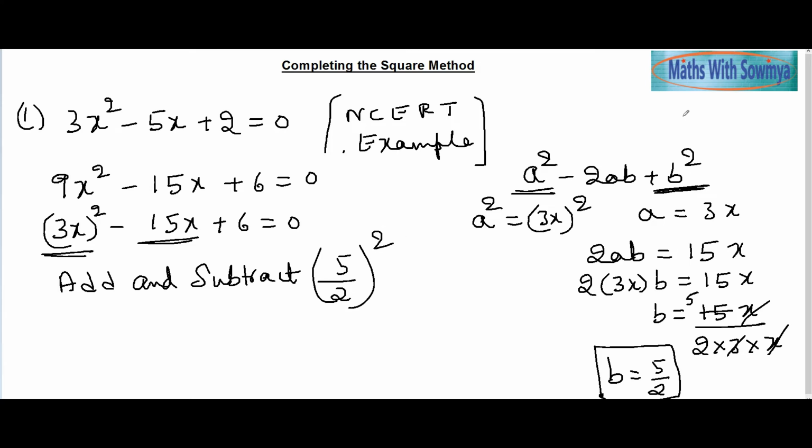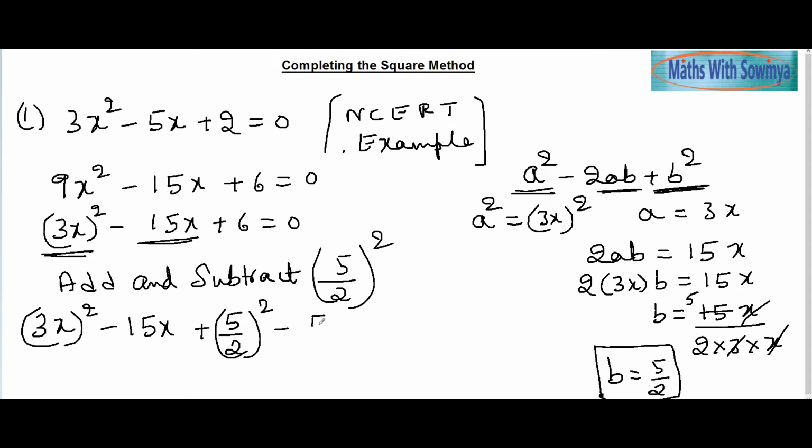So I am adding and subtracting b square. So what I will get? 3x whole square minus 15x, which is nothing but 2ab, plus 5 by 2 whole square, which is b square for me, minus 5 by 2 whole square plus 6, which is equal to 0.